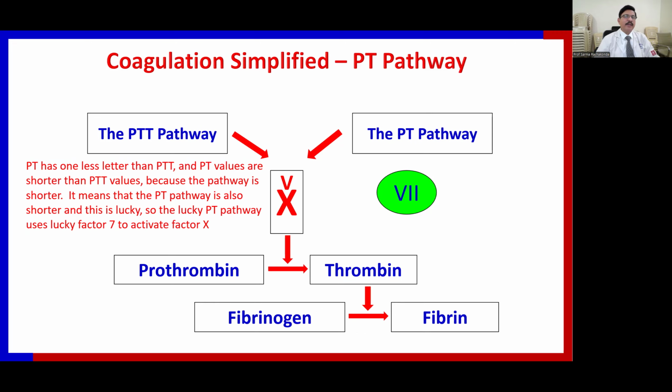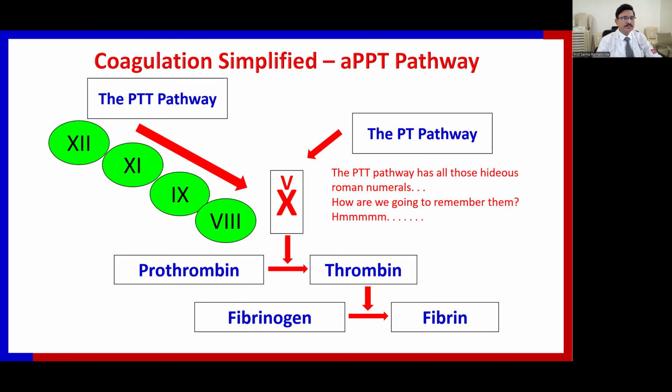In fact, the 7 days in a week is also not 6 days. Why not 8 days? 7 is a lucky number. So the lucky number is required for the PT pathway to activate the 10 with the help of factor 5. Now we go to the left side, the PTT pathway.